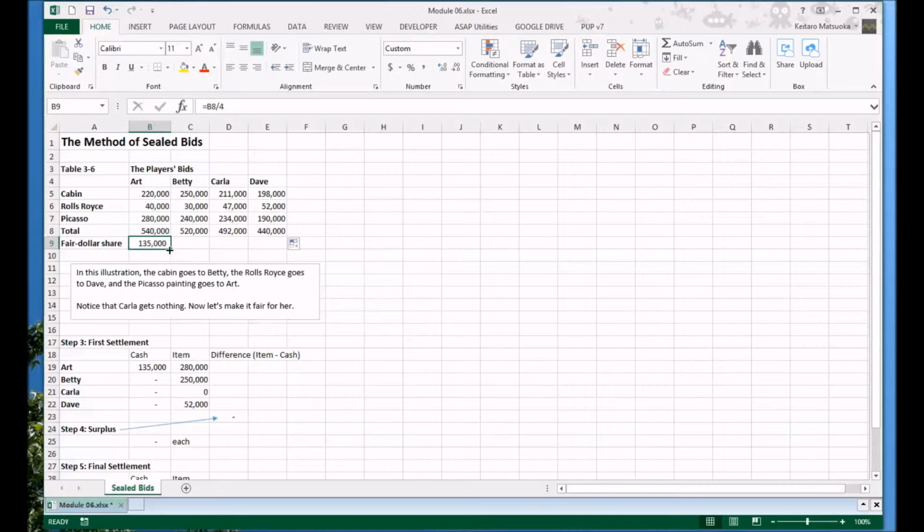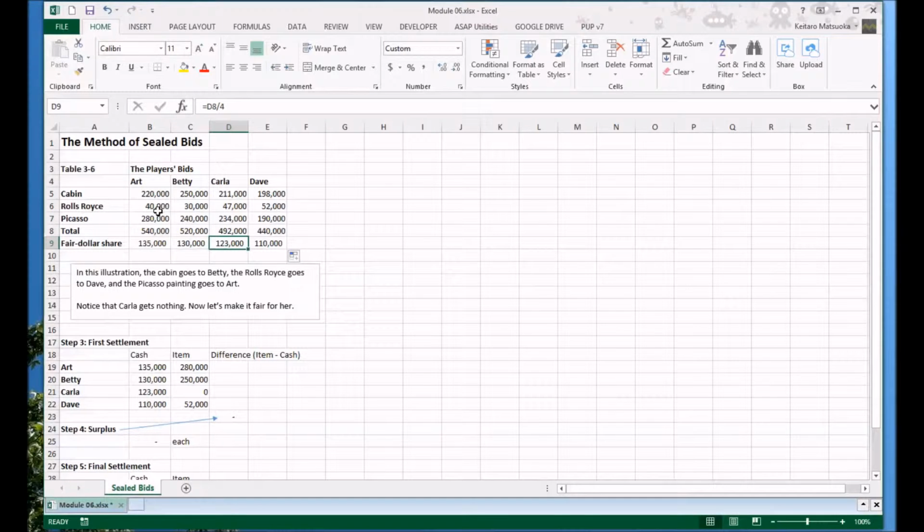Let's do the same for all players. Betty thinks the fair share for her will be 130,000. For Carla it will be 123,000. And for Dave, it's going to be 110,000. In this scenario, the cabin goes to Betty because Betty values it the most, and the car goes to Dave because Dave values that the most.